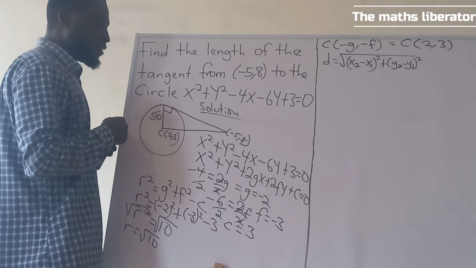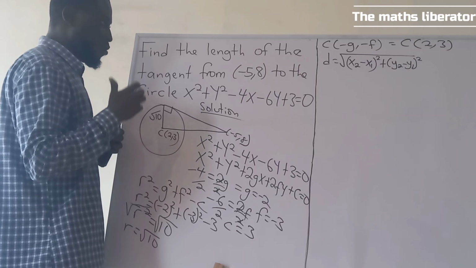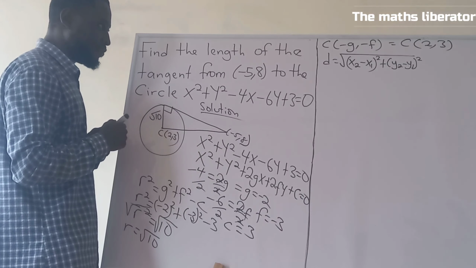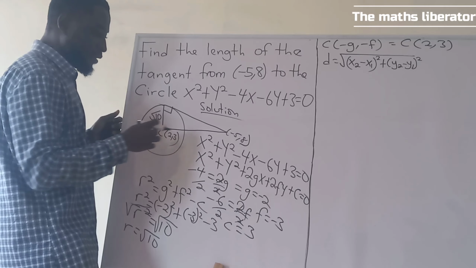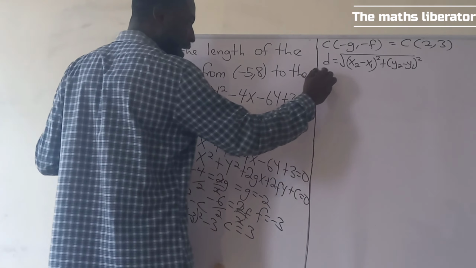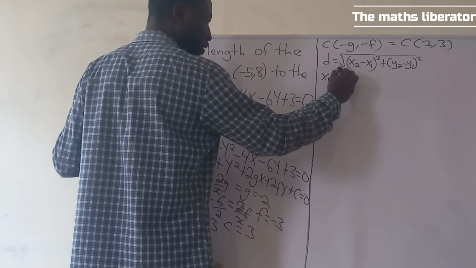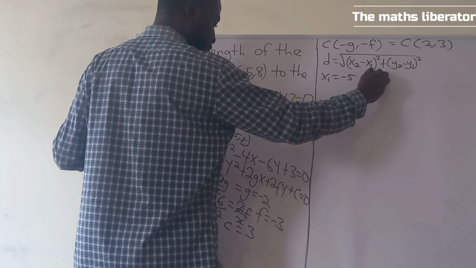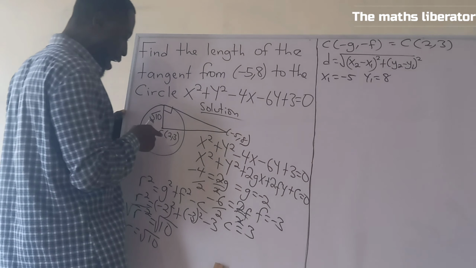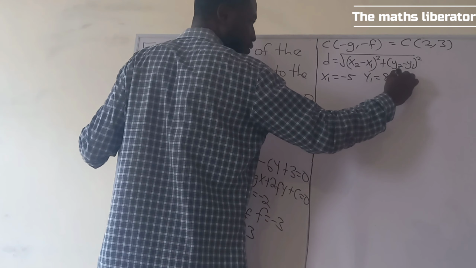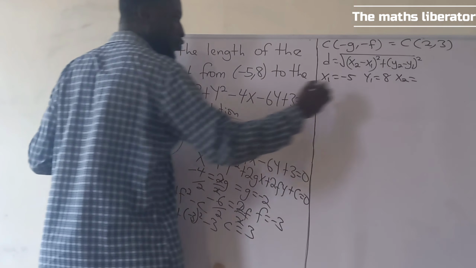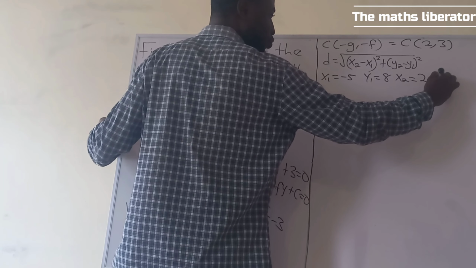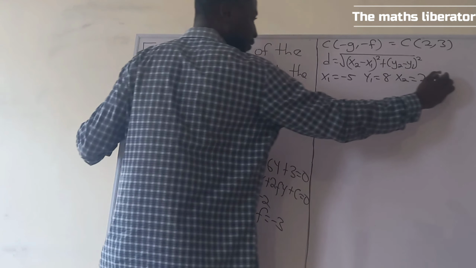Now, what is x1 and x2, and what is y2 and y1? Let's write the data. Let's use the external point as our x1, y1. So our x1 is negative 5, our y1 is 8, our x2 is 2, and our y2 is 3.